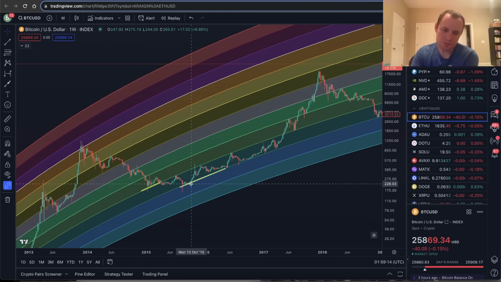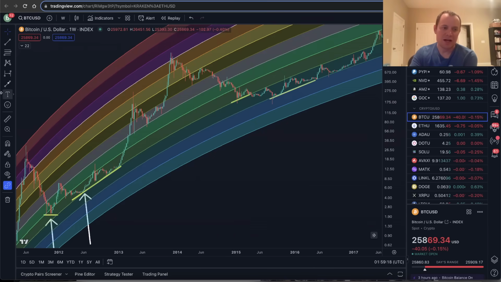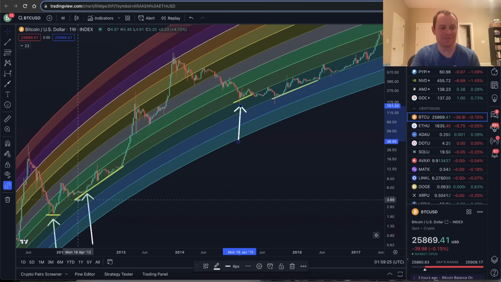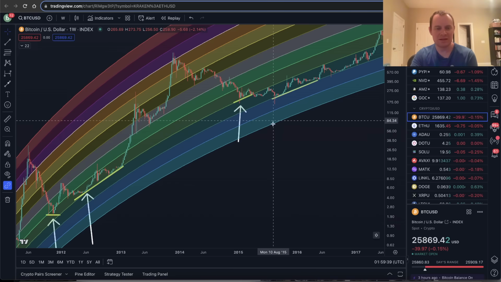So in this case, you have the same thing that happened, right? The first low occurred at the same regression band that the last bull market was built out from, right? That regression band. But then we had another low in the secondary scare that came later on, right? The secondary scare occurred at the regression band below it.